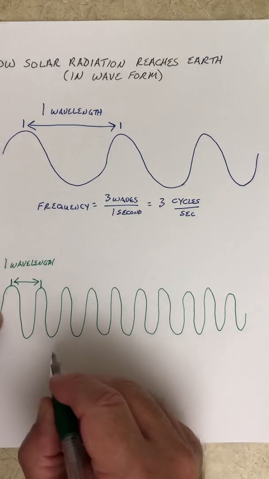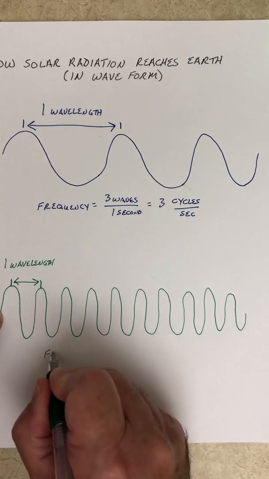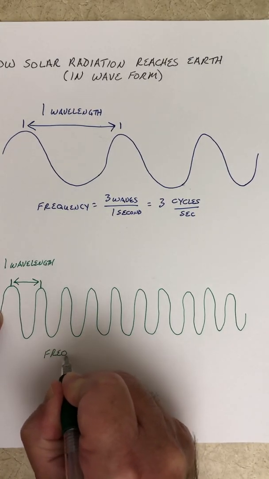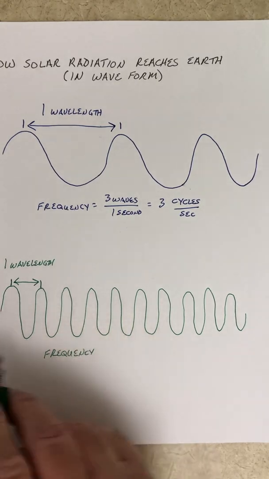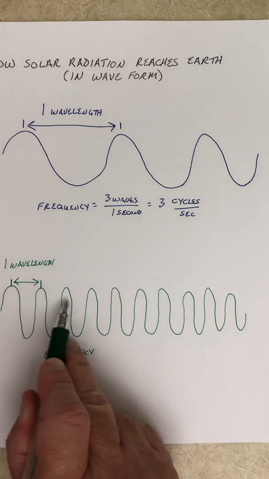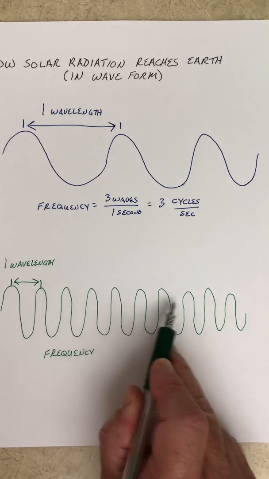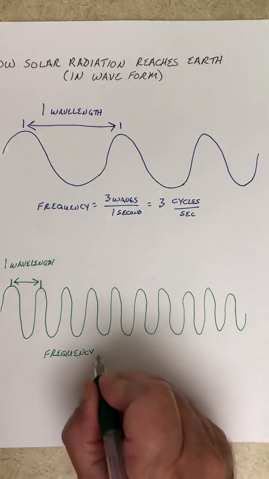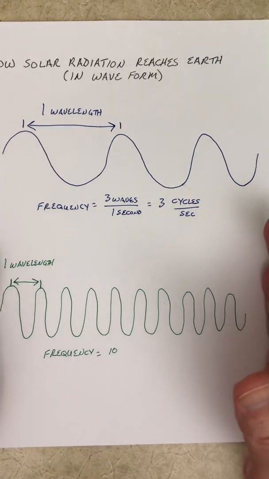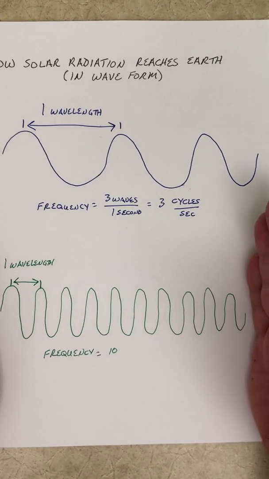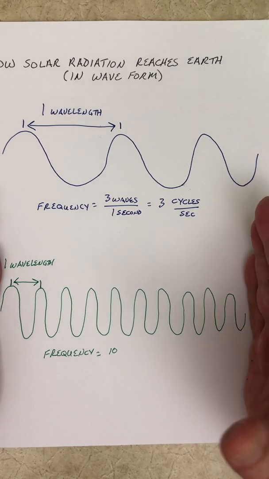If we take a look at the frequency of the quote-unquote green radiation here, we can count: 1, 2, 3, 4, 5, 6, 7, 8, 9, 10. So the frequency here is 10 waves. Again, we determine that because this segment here is what passes a given point in 1 second.